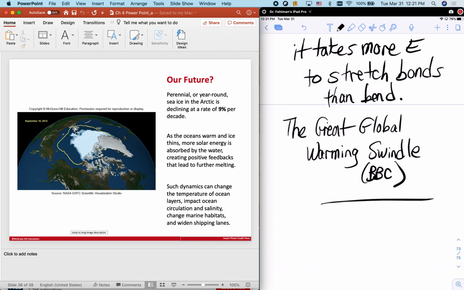We're losing more ice cap. Okay, and this is a natural cycle too. So people that don't believe in climate change per se, they'll say, well, yeah, it'll go away and then come back in the winter months. But if you look at the increase and decrease cycles, we'll see that in recent years, this is what it used to be. And now we're talking, this is the current ice pack, and then that's when it comes back. So it's a lot less mass than it used to be, okay?